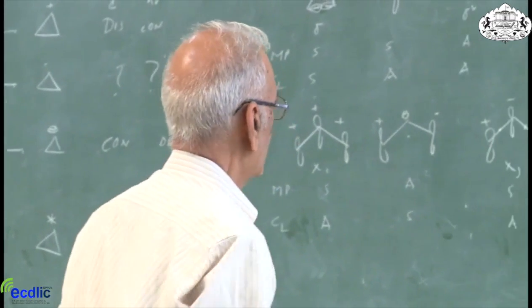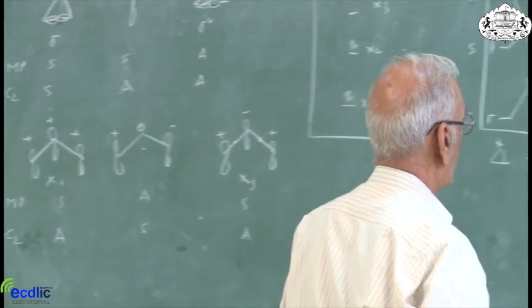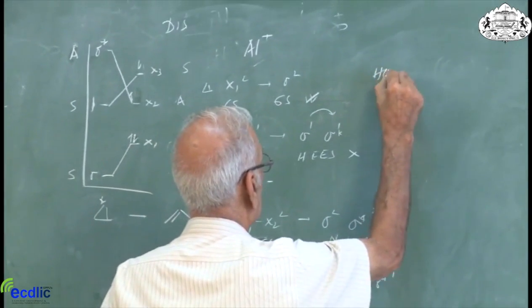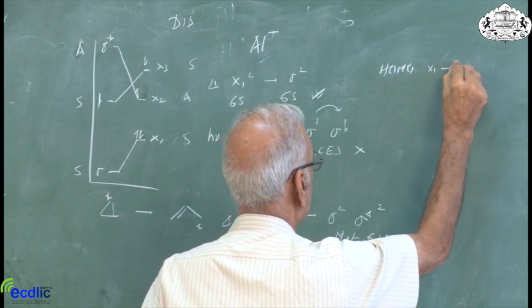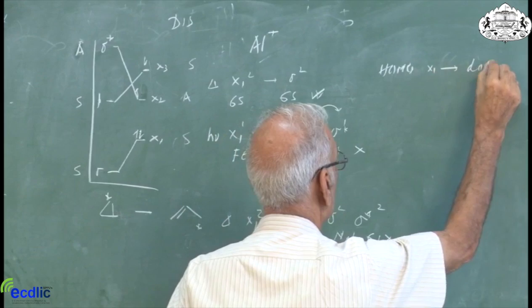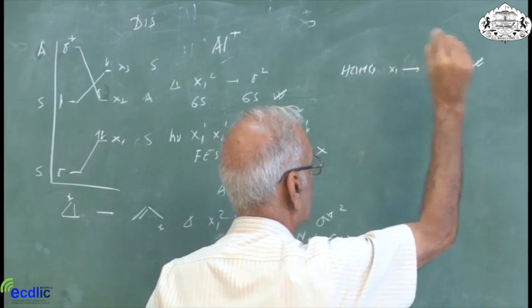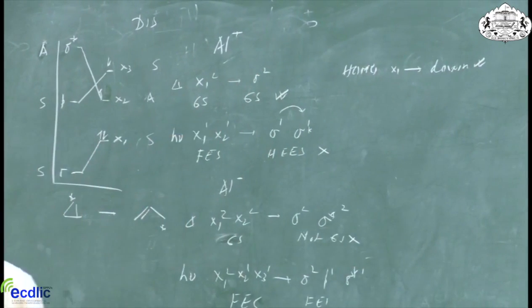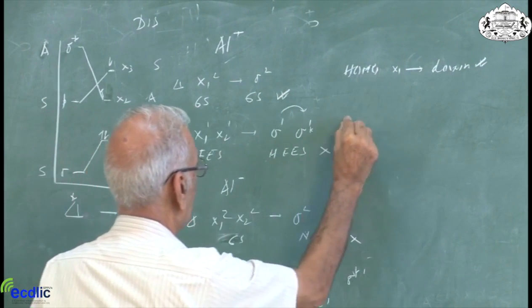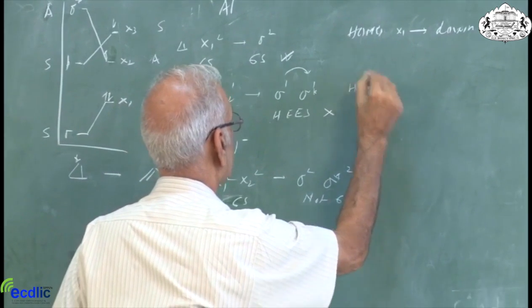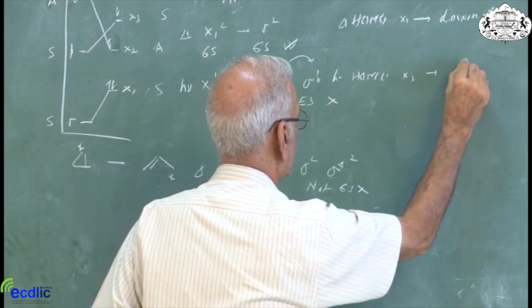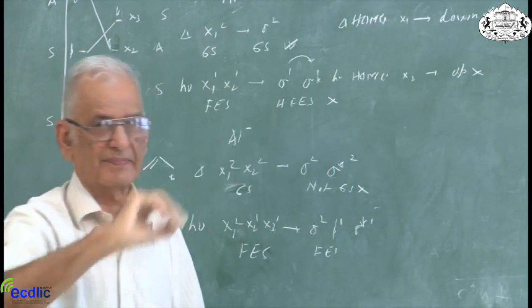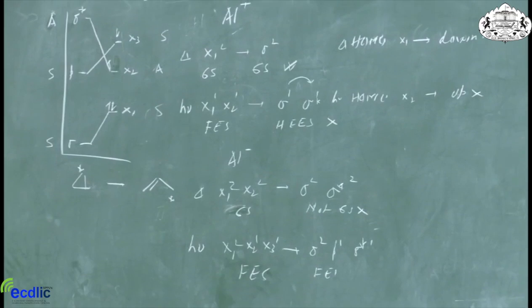All right. So, what is the HOMO? The HOMO for the thermal reaction of allyl cation is x1. x1 goes down, therefore, it is allowed. HOMO for the photochemical reaction is x2, x2 goes up, therefore, disallowed.